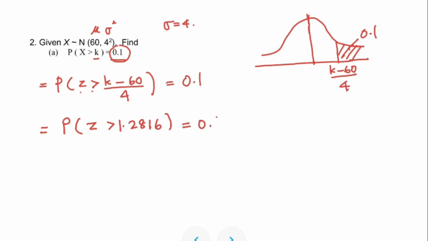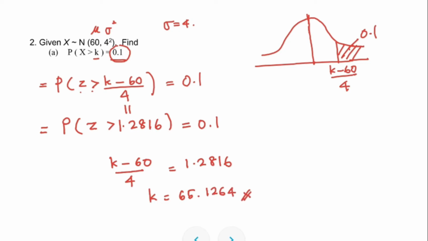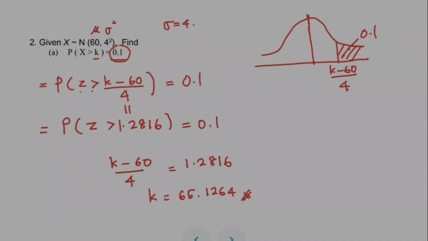So this is equal, and we can take (k minus 60) over 4 equals 1.2816. So k equals 65.1264. This is the answer.